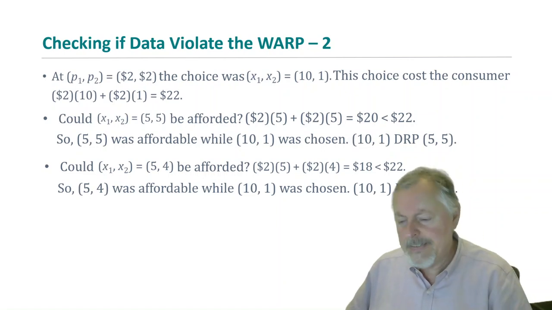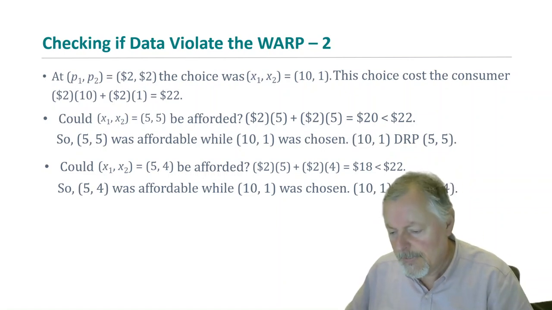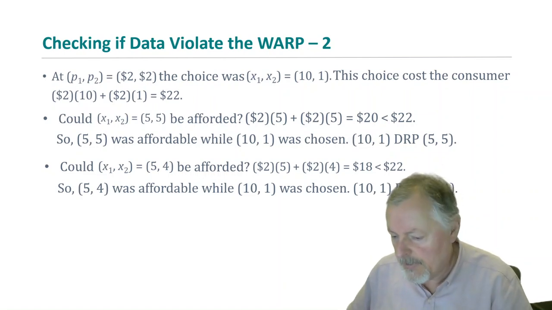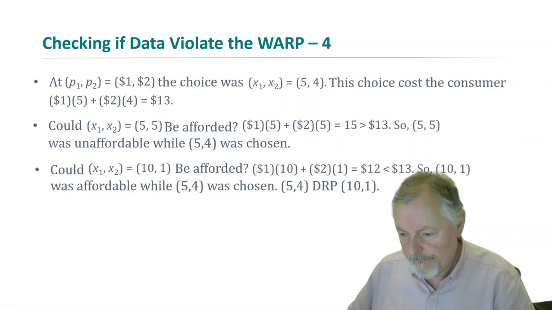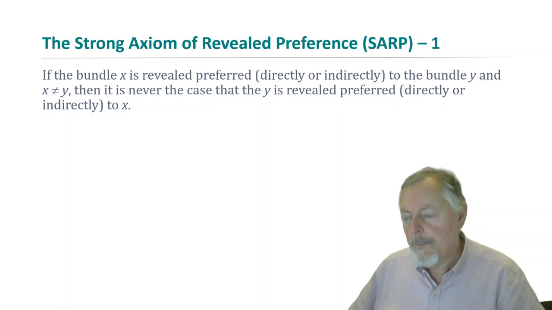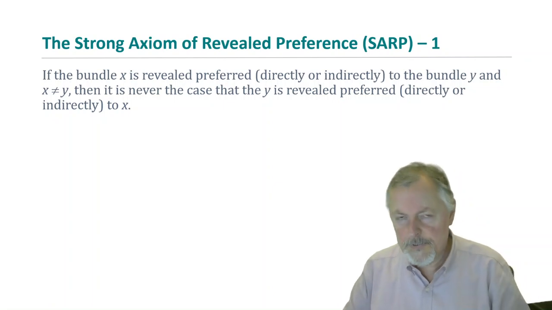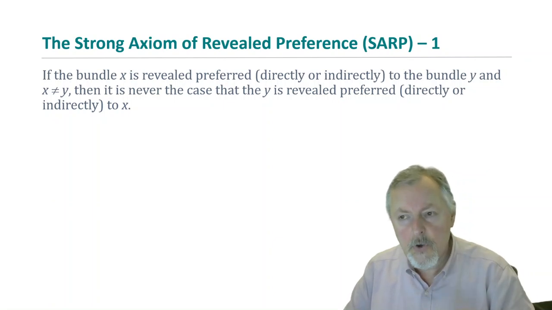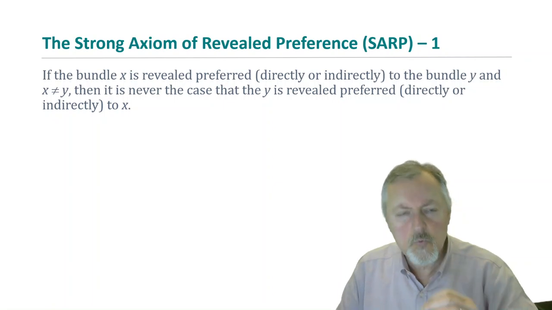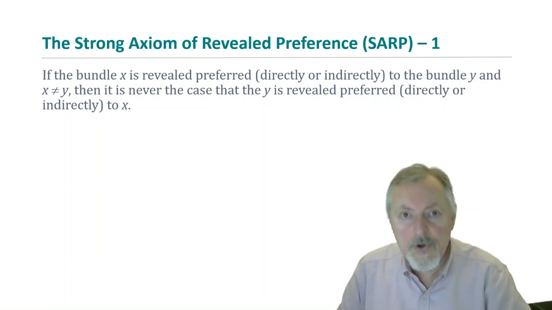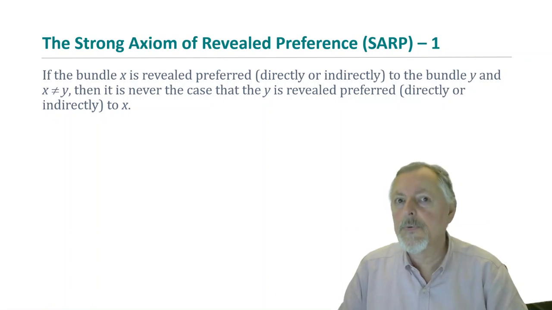Yeah, the way the book does it, you're welcome to use their system. I think it's unnecessarily complicated. Now, the strong axiom of revealed preference. This is just like WARP, except WARP tests for directly revealed contradictions. WARP says there are no directly revealed contradictions.